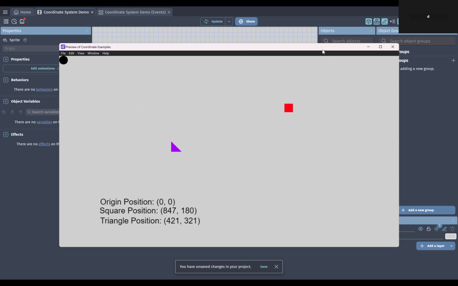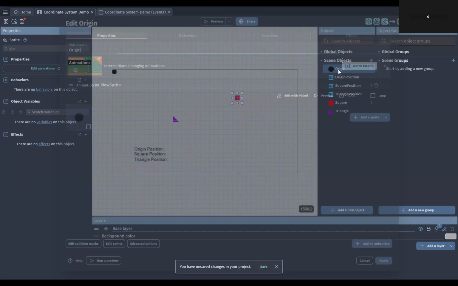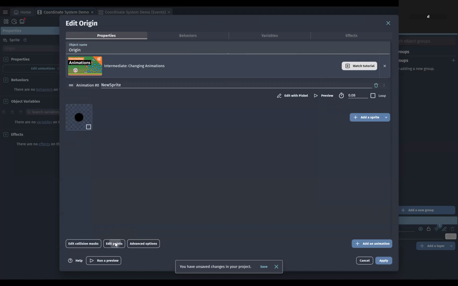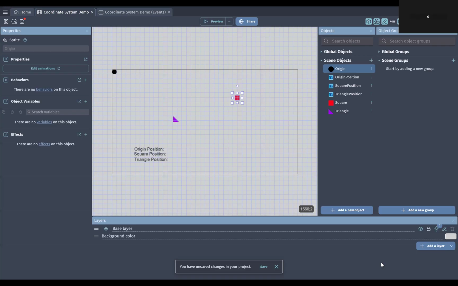But look what happens. If I go to my edit points, and instead of making the origin at 0, 0, let's say I make it the same as the center. Now the origin and the center are the same point. And I apply that.